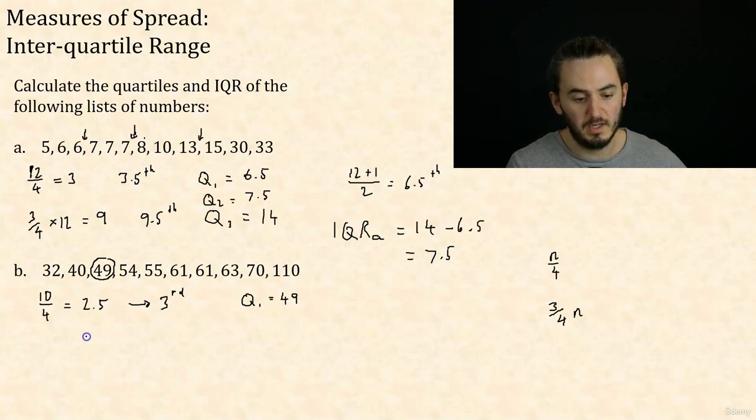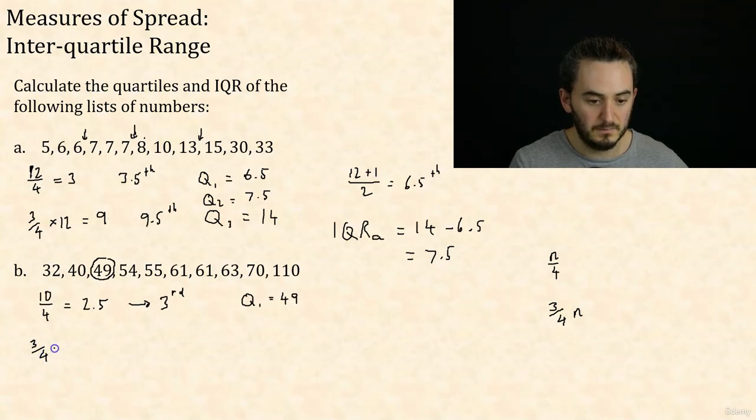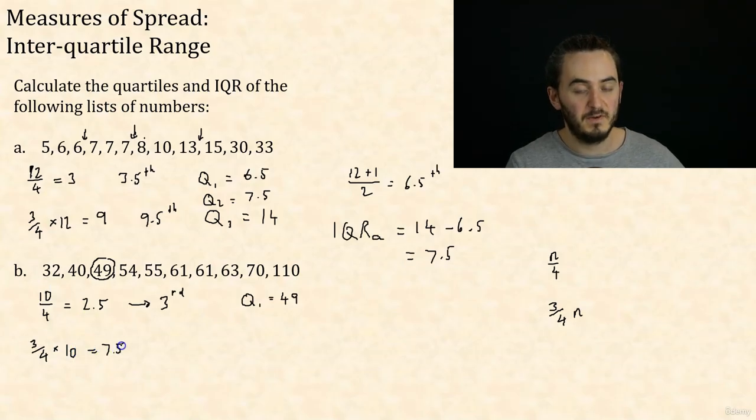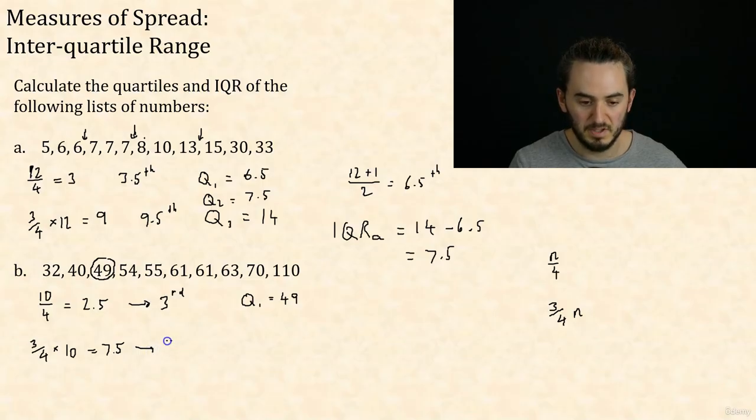So the upper quartile, I'm going to do 3/4 of 10, since there are 10 terms on my list, which is 7.5. Now, since 7.5 is a decimal, I'm going to round up to the next whole number, which is 8. So I'm looking for the 8th term. So 1, 2, 3, 4, 5, 6, 7, 8.